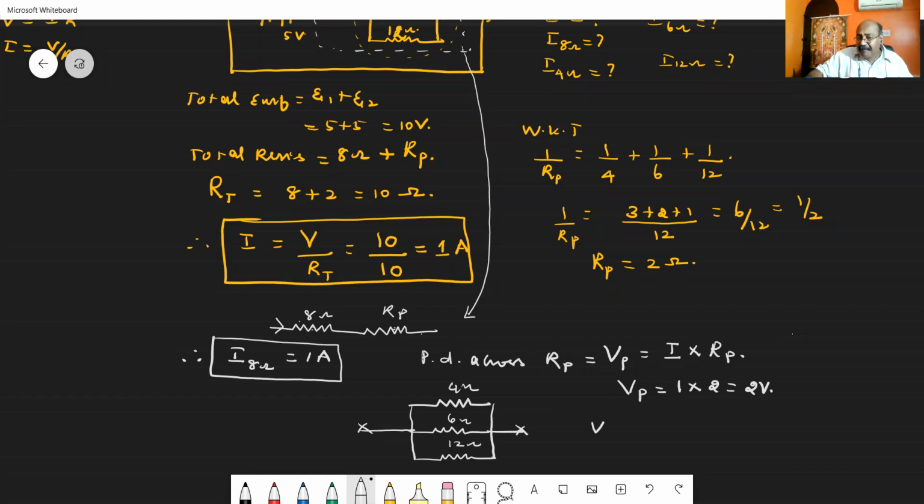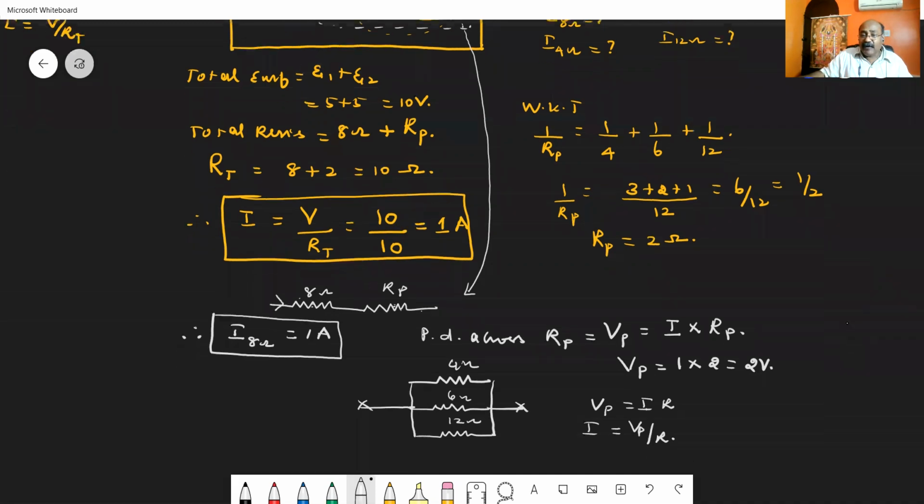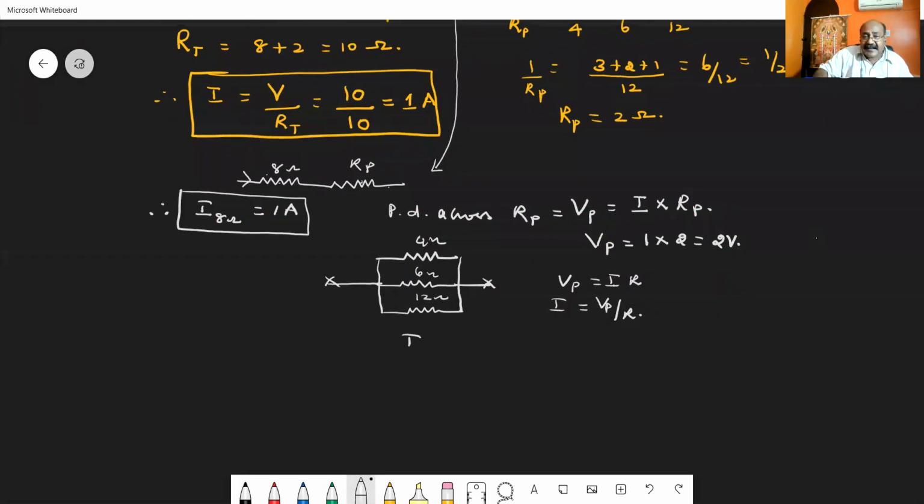We know Vp is equal to I into R. If I want to calculate the current through each resistance, current is given by Vp divided by R. So the current passing through 4 ohm is Vp, 2 volt, divided by the resistance, 4 ohm. You get 1 by 2 ampere, or 0.5 ampere.